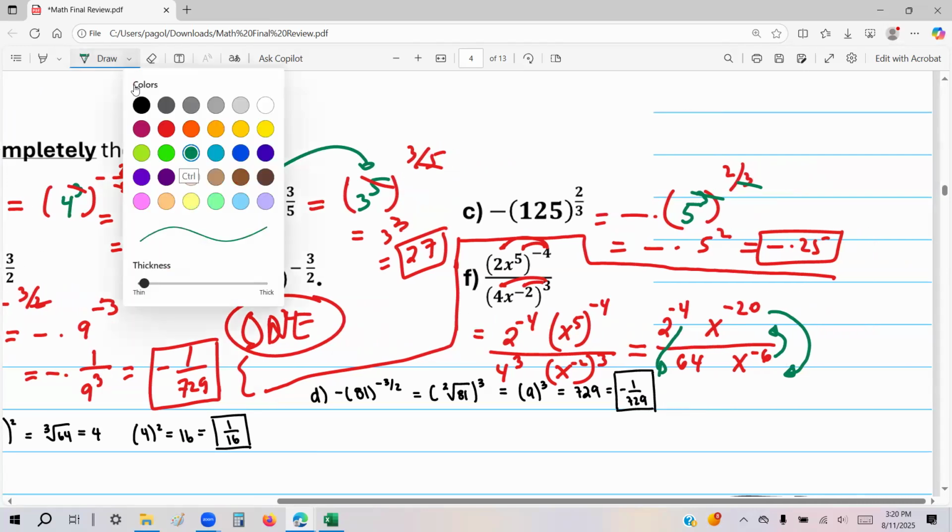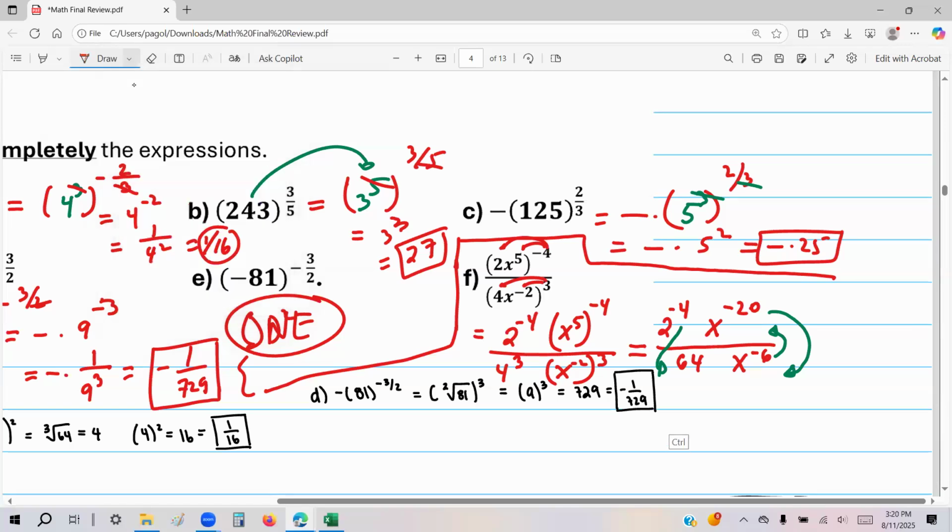As a result, you get 2 to the 4 goes down, x to the 20 goes down, and on the denominator, you already have 64. Keep it because it doesn't have any negative power. And x to the 6 comes up because of the negative power. So everything on the denominator, everything on the numerator comes from the denominator, but only one thing from the denominator goes up.